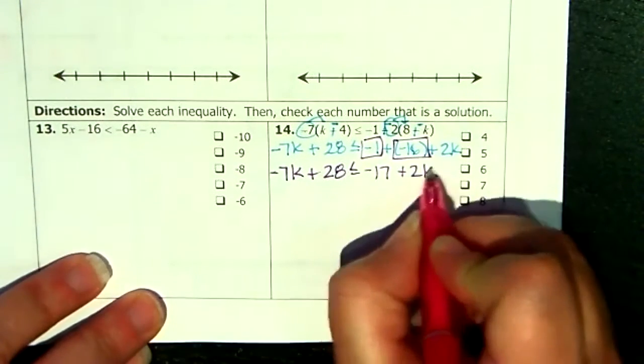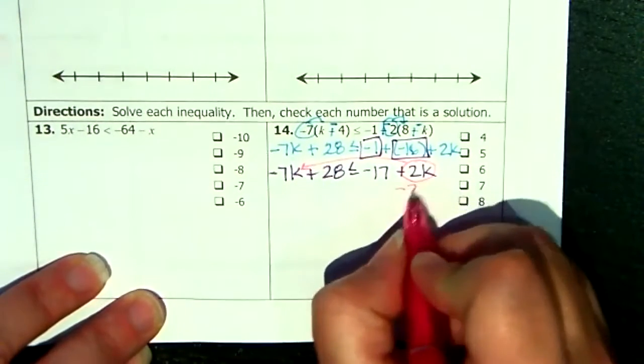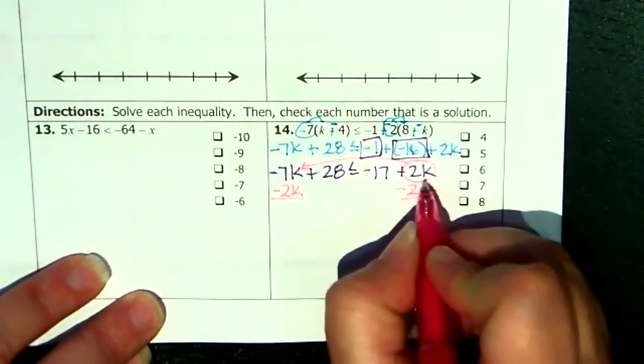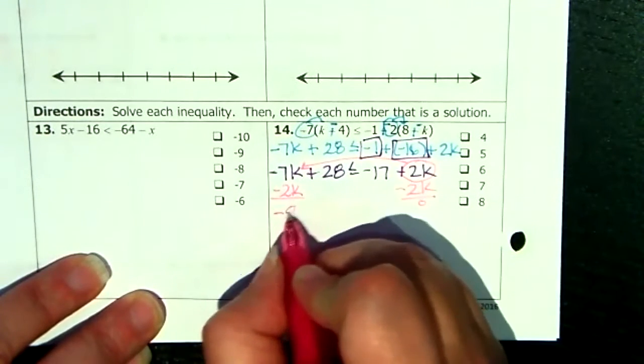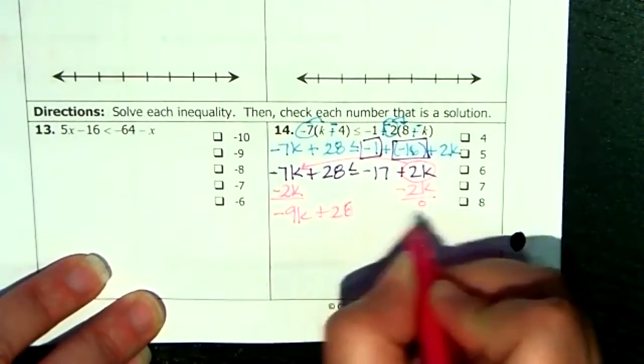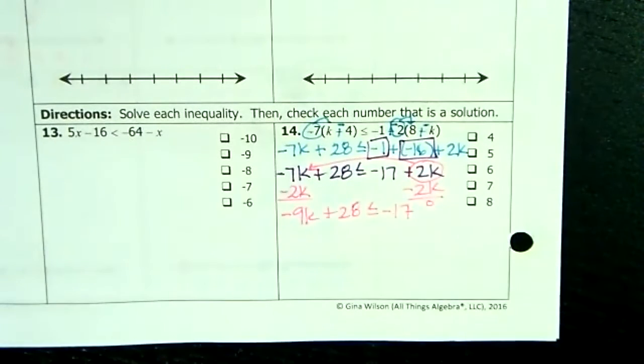So I'm going to move the 2k over here. So I'm going to subtract 2k from both sides. And this equals 0. So I'm now going to have -9k. Bring everything else down. Plus 28 is less than or equal to -17.